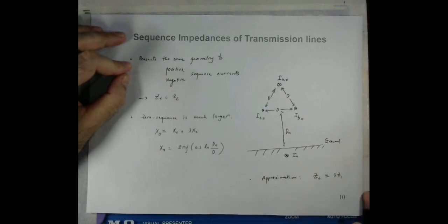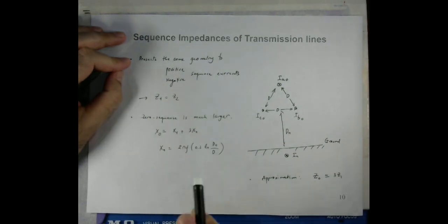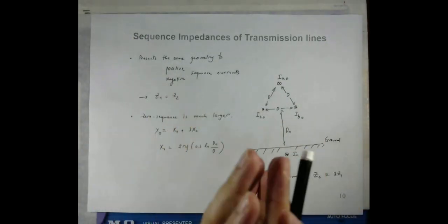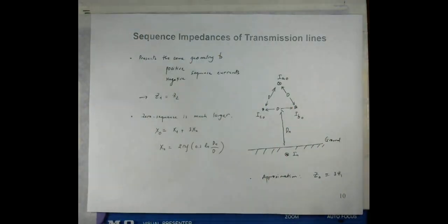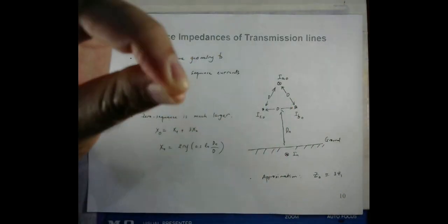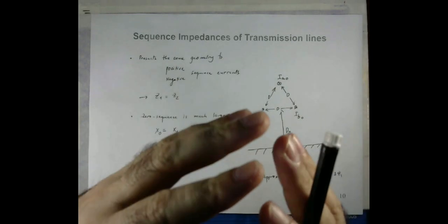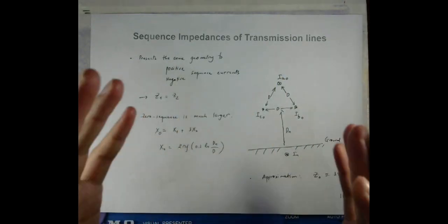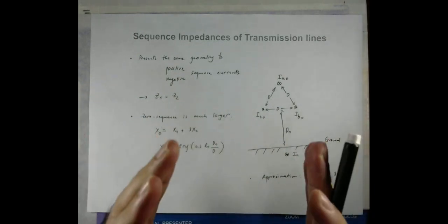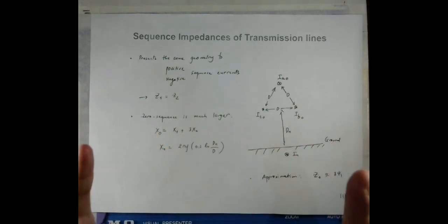So as it is mentioned here, because of the geometry of the transmission line, as we have already discussed before, the zero sequence current only flows through the impedance to the ground. The other two sequence currents, positive and negative, do not flow through the impedance to the ground.